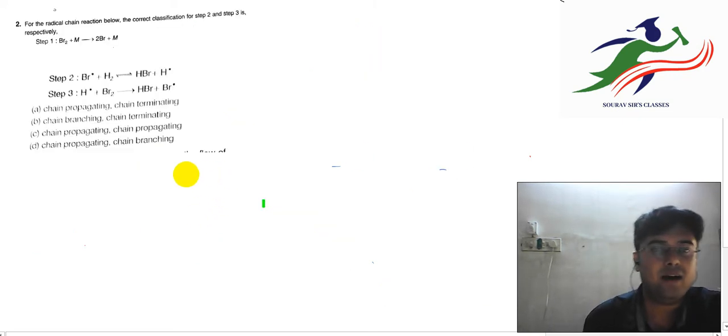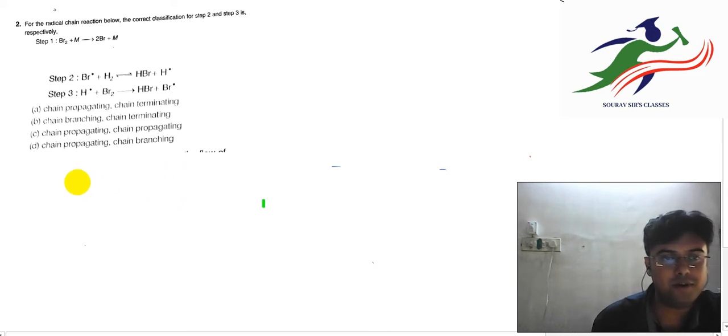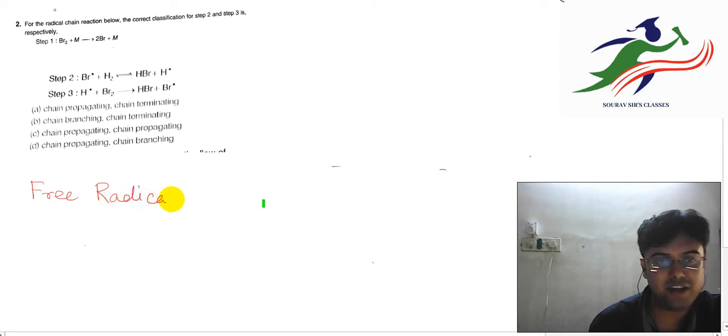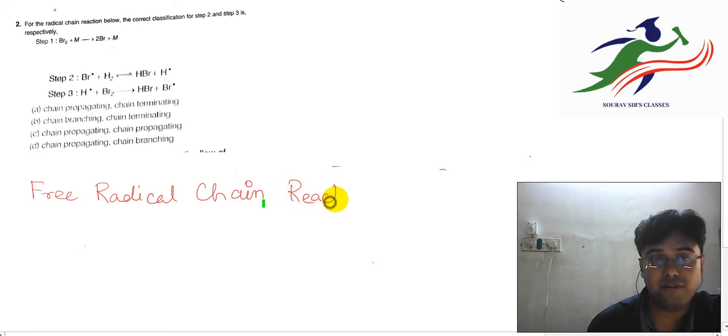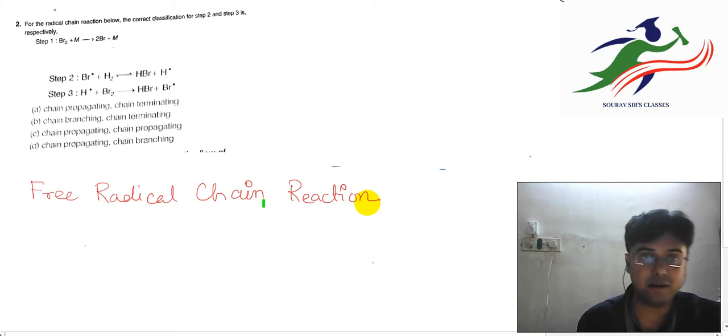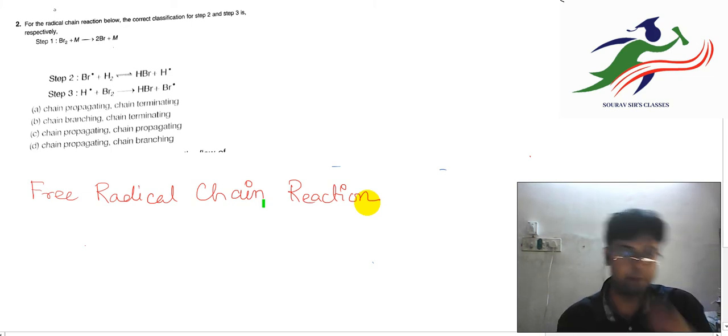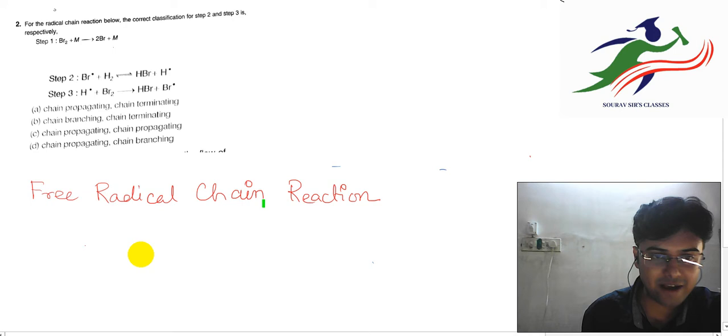Well, let's now talk about free radical chain reactions. Free radical chain reactions are very fast, and an example for a free radical chain reaction is a free radical polymerization reaction. Okay, now free radical chain reactions occur in 3 steps.